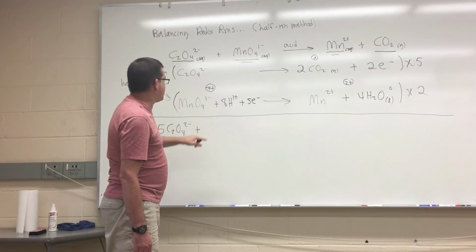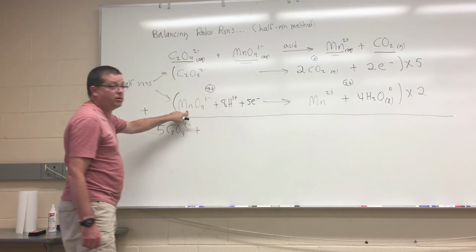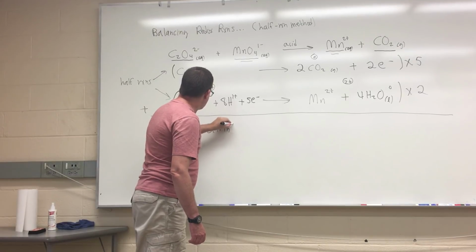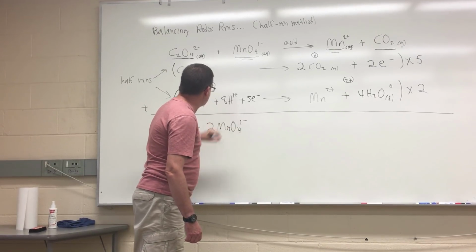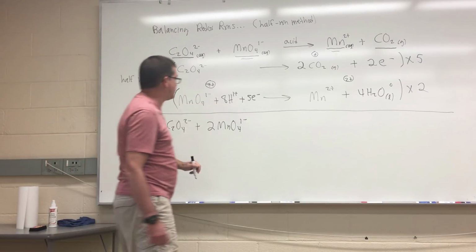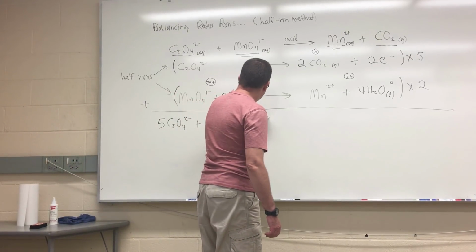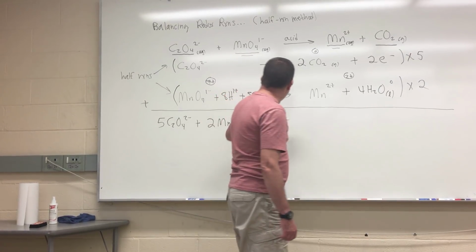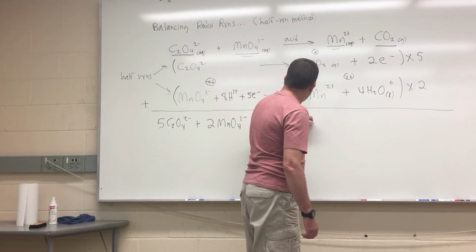And it looks like now I have the 2 distributing through times the permanganate. So I need 2 permanganates. All right? I need 2 times 8, which is 16 hydrogen ions. And I also end up with my 10 electrons.